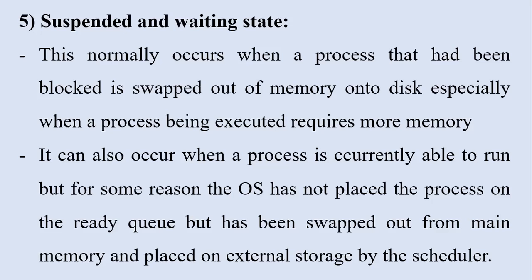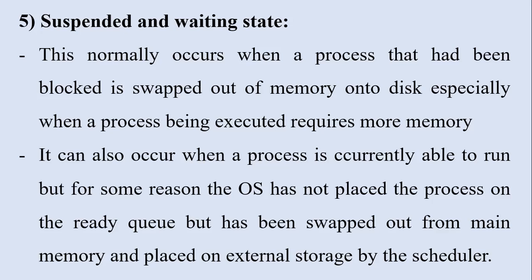And therefore, when a process that had been blocked is removed from the main memory and is put in a waiting state, but on a secondary storage device or on a disk, then that type of state is called the suspended versus waiting state.